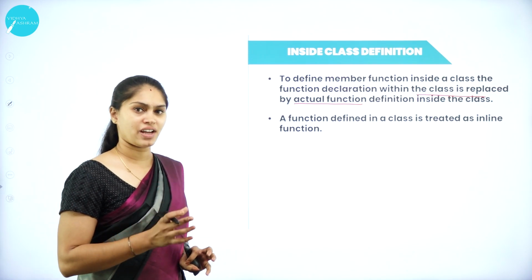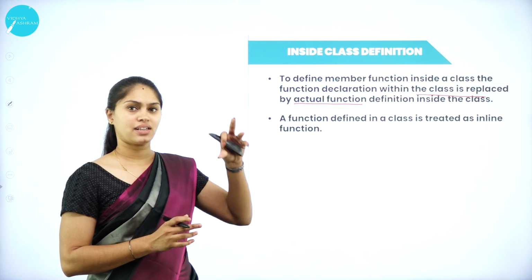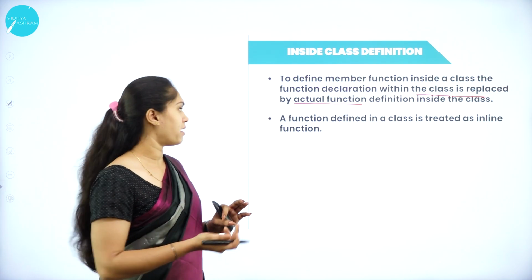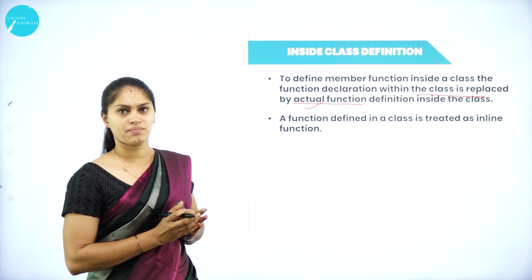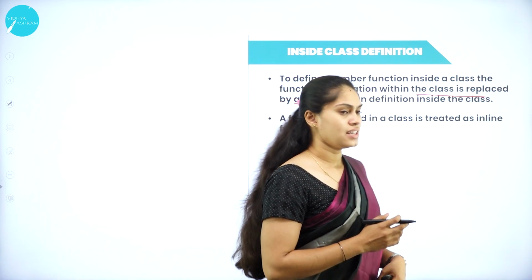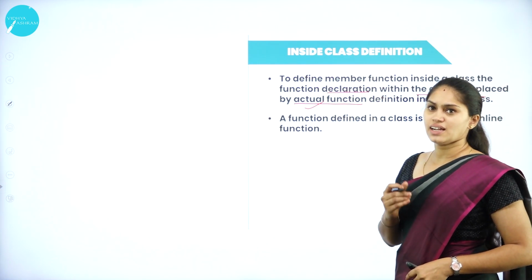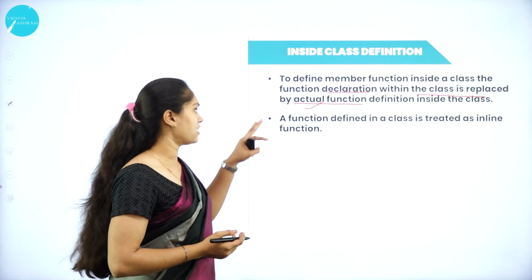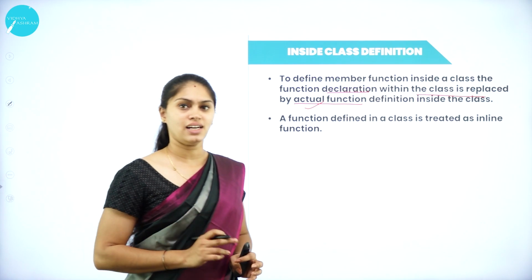If I am defining the member function inside the class definition, at that time the function declaration will be replaced by the actual function definition for a particular member function. Let me read it again. To define the member function inside a class, the function declarations within the class will be replaced by the actual function definition inside the class.